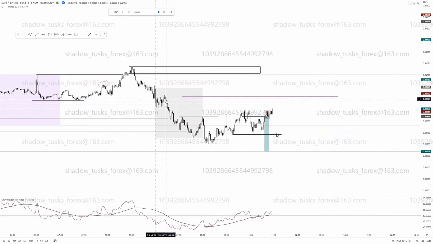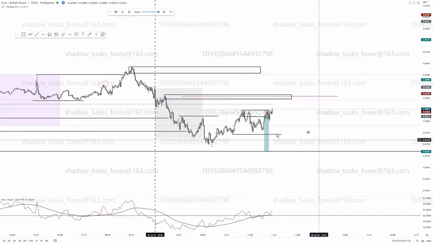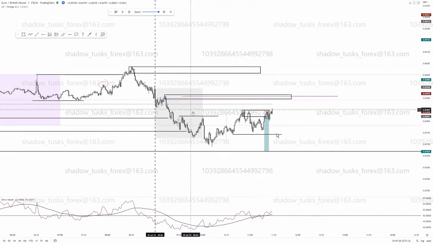Okay, so now let's think about what we actually have. We have this zone right here, which rests on the midline. So now we've had build up underneath it, like that.